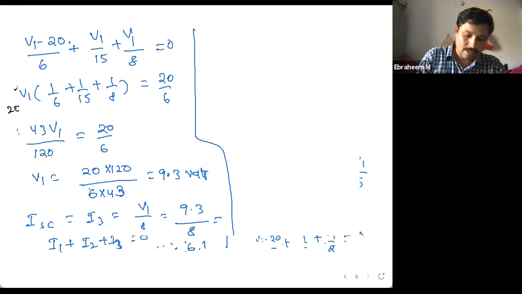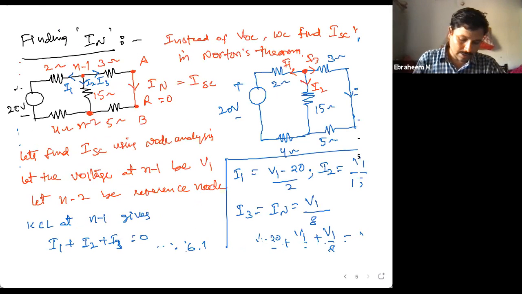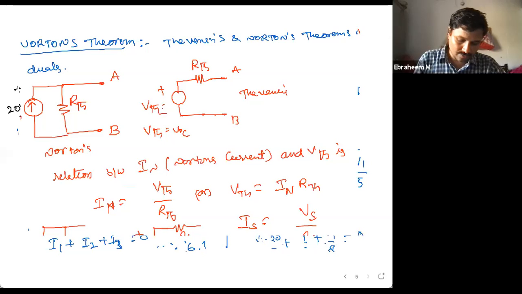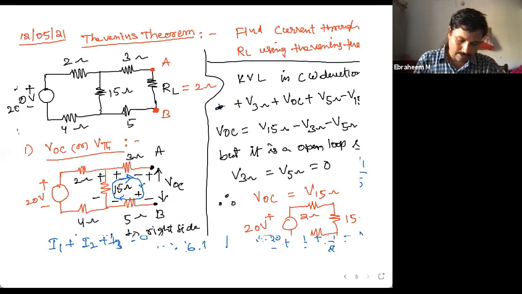Now the current in the 2 ohms. This is the previous circuit. Current in the 2 ohms we need. So this RL is 2 ohms here, right? So in 2 ohms the current must be found.